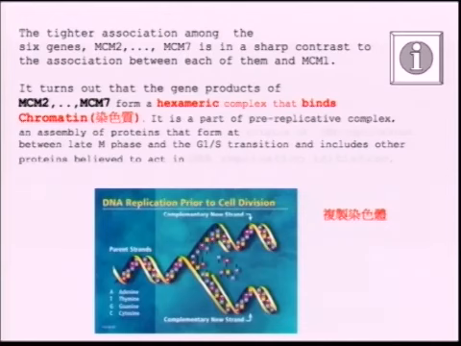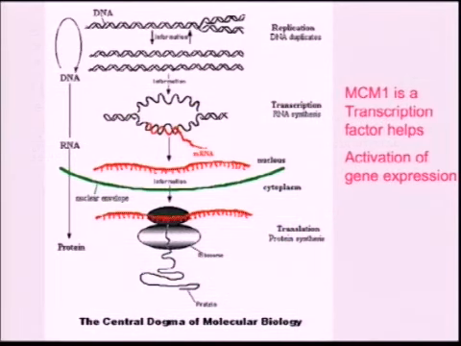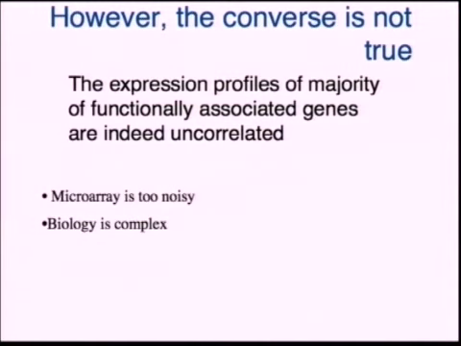So its function is in the replication. Now the other one is quite different. The other one is a transcription factor. So it activates the gene expression. It is not involved in duplicating the chromosome.